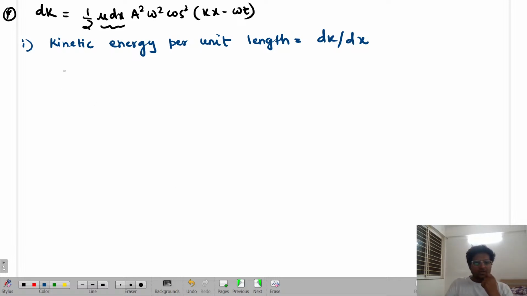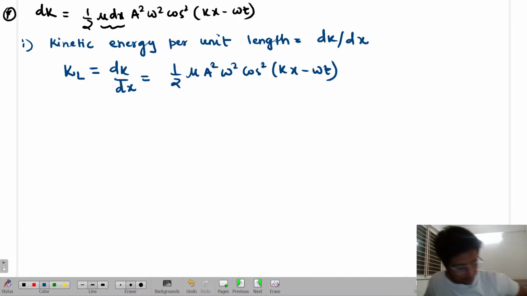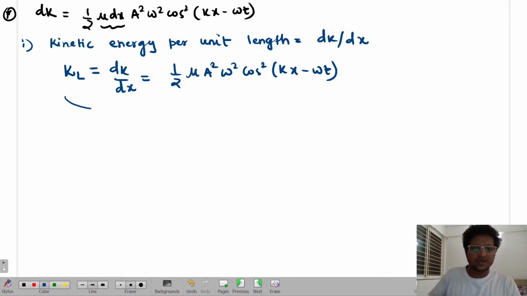So what is that value then? Kinetic energy per unit length, I wrote it as KL only, that is dK by dx. That becomes equal to how much? Half mu a square omega square cos square kx minus omega t. Is that clear, guys? Chandra, is this clear? So this is defined as kinetic energy per unit length.